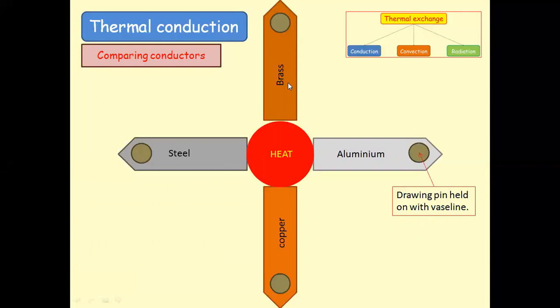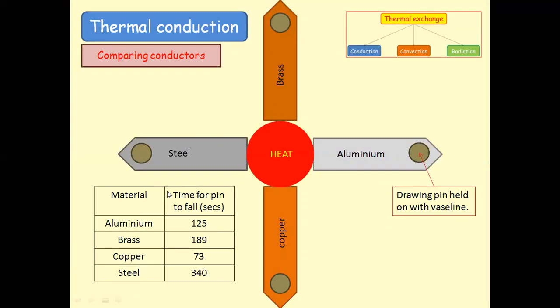This is brass, here we have steel, here we have copper, and here we have aluminum. This experiment is to investigate which metal is the good conductor and which metal is the bad conductor. After some while of exposing this side of the metal to the heat source, for the same time interval, we observed the following.